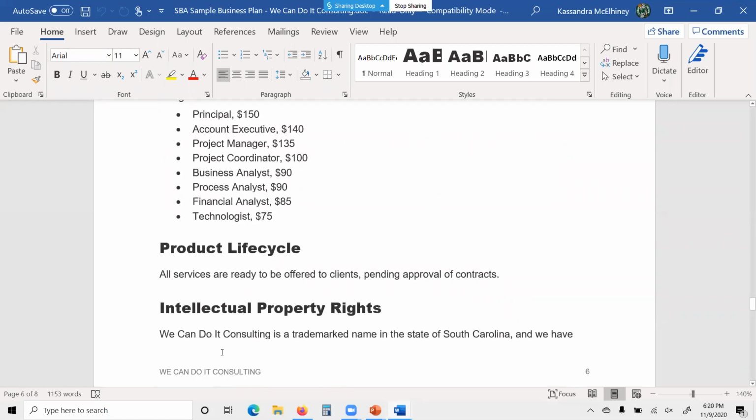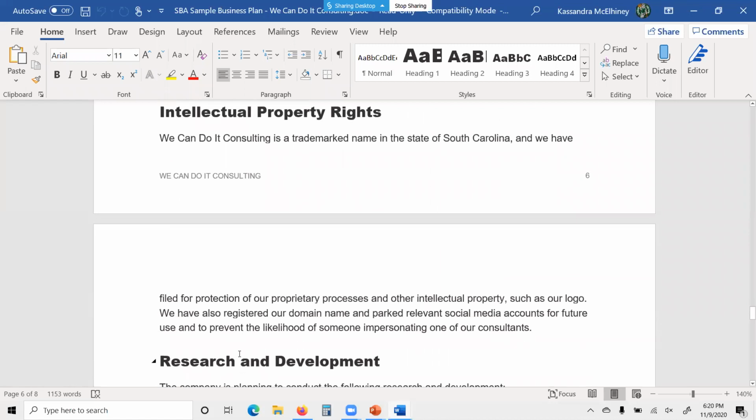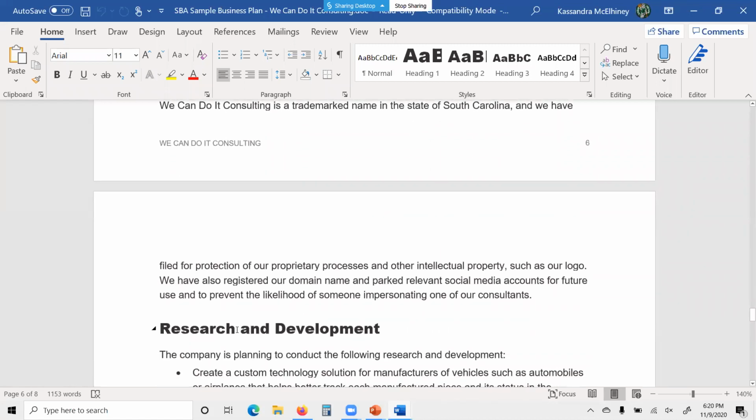And what kind of patents or trademarks or anything intangible do they hold in terms of intellectual property rights? They have gone out and trademarked their name. And also, they filed for some patent work and trademarked the logo.